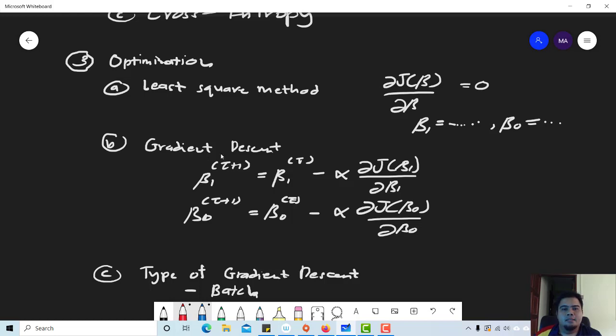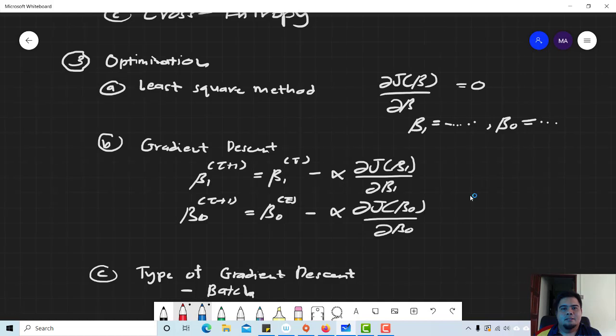In gradient descent, we do an iterative process where we keep updating our beta. It doesn't matter whether it is beta 0 or beta 1, it depends on how many input variables you have. If you have more than 1, then you have beta 0, beta 1, beta 2, and so on. But this one I just give you an example of one input variable, so you have beta 0 and beta 1, and you keep updating your beta using this expression.